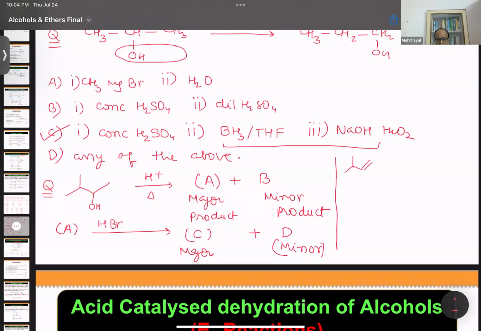A and C respectively will be option 1, option 2, option 3, option 4.